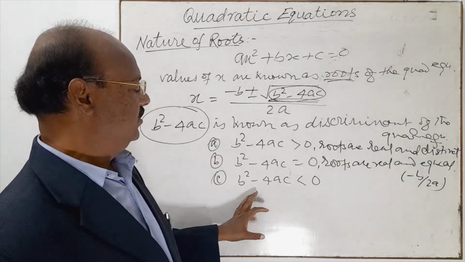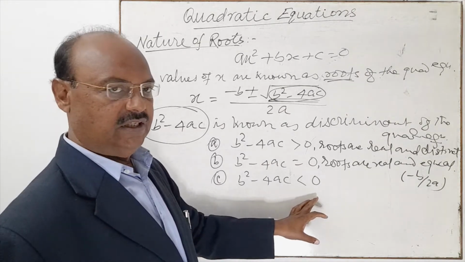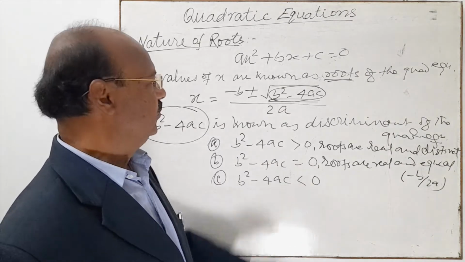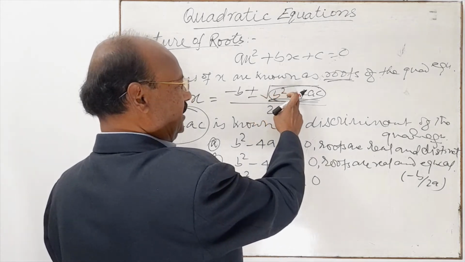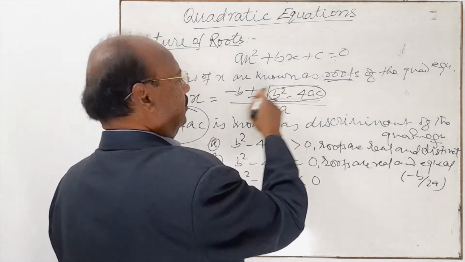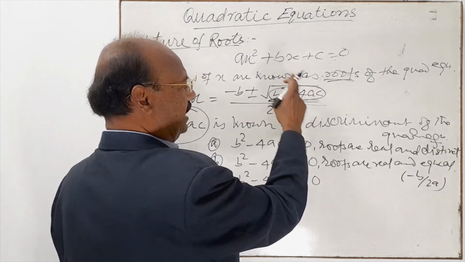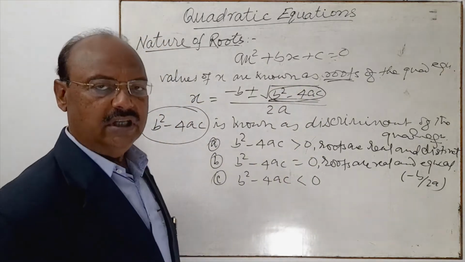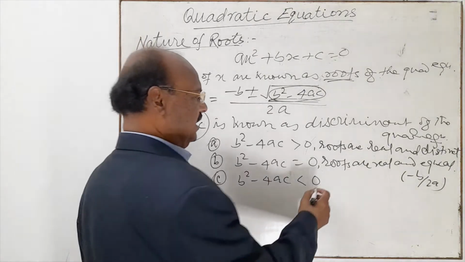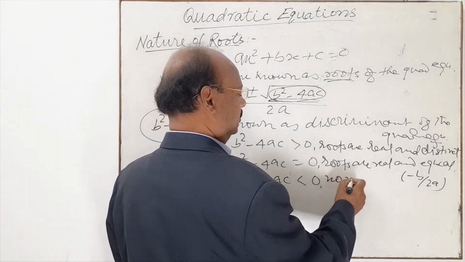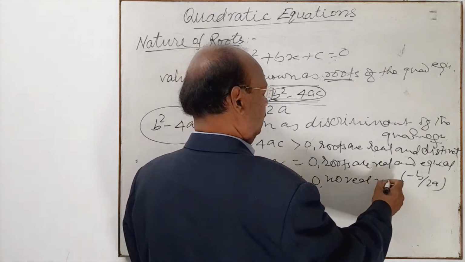And third case, when b square minus 4ac is less than 0, so the negative value is here. Square root of a negative value is not a real number, that is an imaginary number. In that case, there will be no real root.